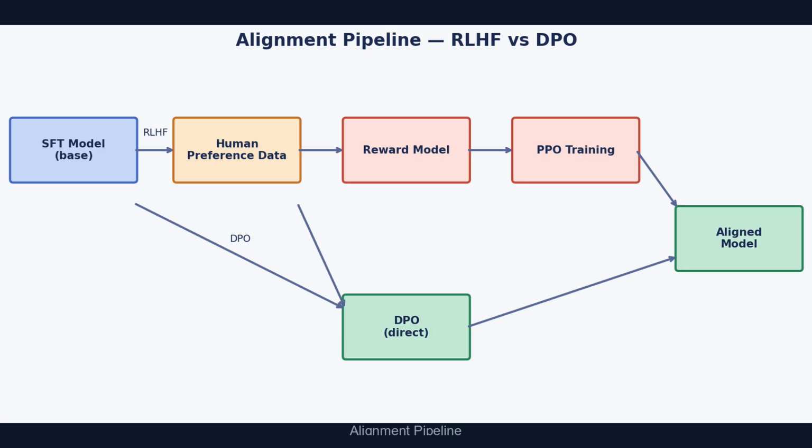DPO cuts out the reward model entirely. It takes the preference pairs directly and optimizes the SFT model against them in a single training step. The aligned model you get at the end is comparable in quality, but the path is significantly simpler. For practical fine-tuning work, DPO is almost always the right choice. Fewer moving parts, more stable training, and no need to maintain a separate reward model.